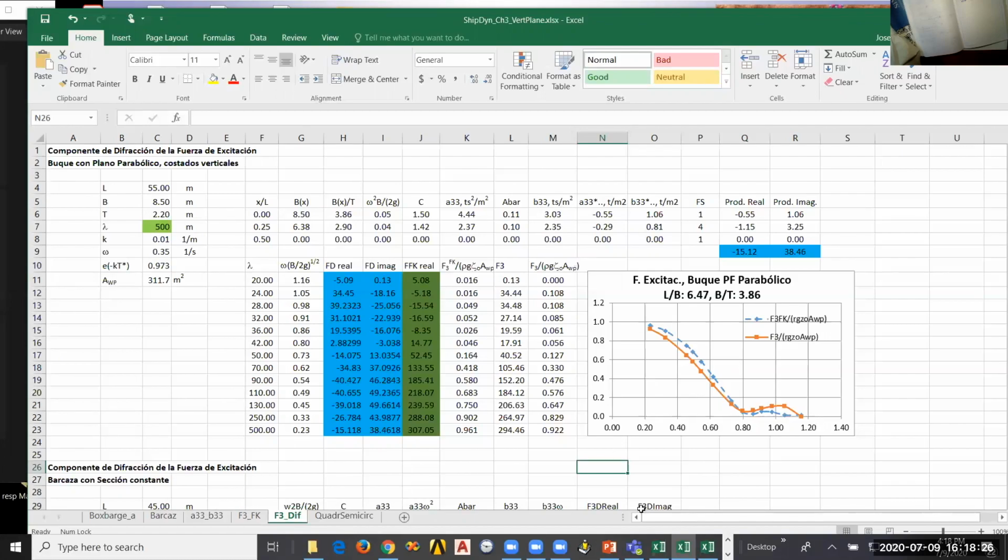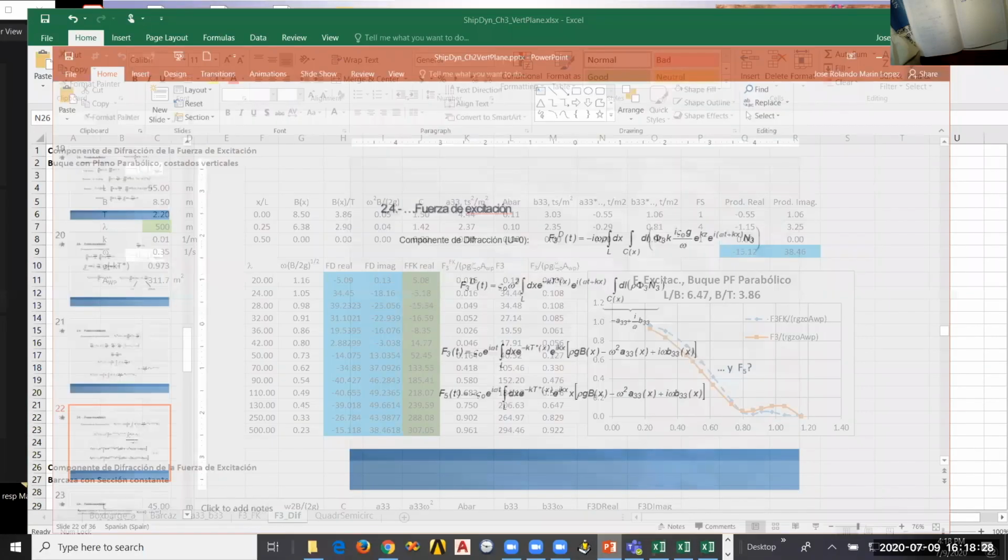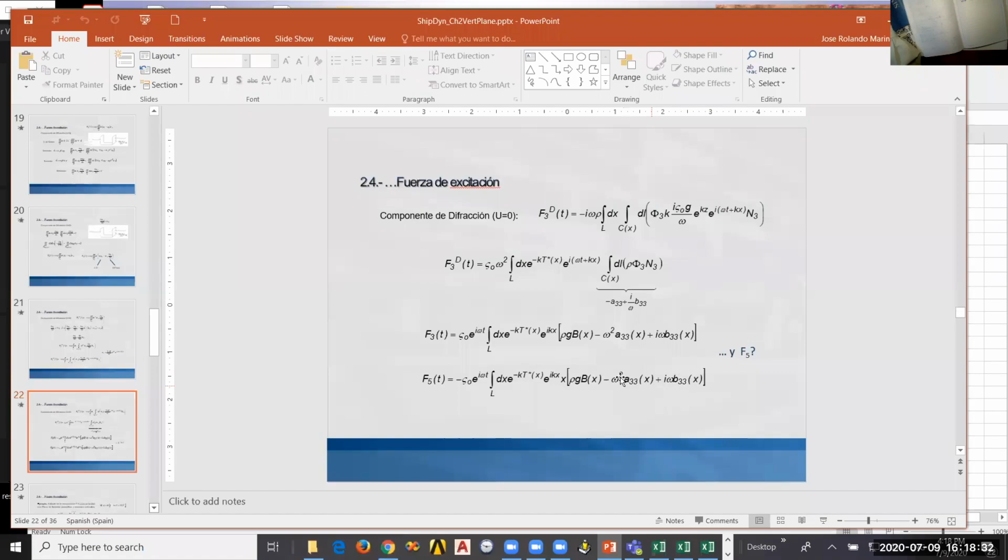Now, according to our equation, I have these two terms. This term here is real, so that will combine with this one. And this is imaginary, so I can combine these two, and then I can combine as a complex with this one here.